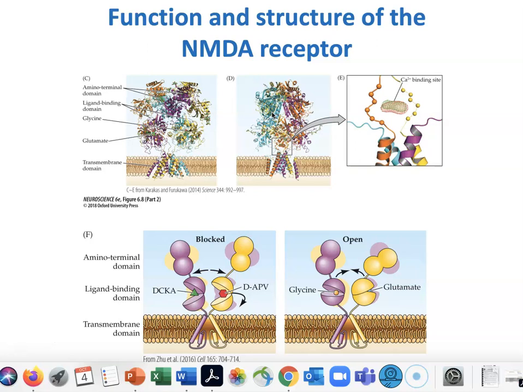There are NMDA receptors that we find throughout the cell that function in this way, and it is slightly different from the other ionotropic receptors that we talked about, because it depends on the membrane potential unplugging the magnesium plug.